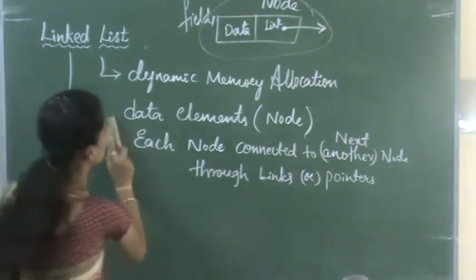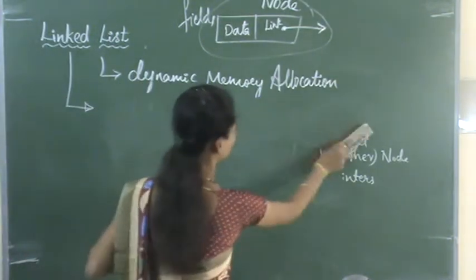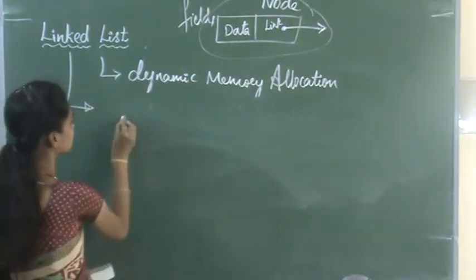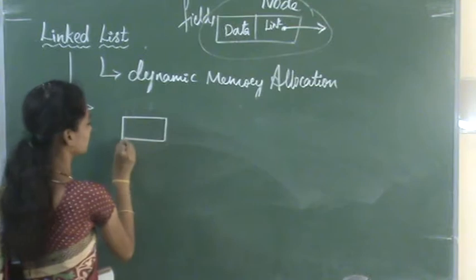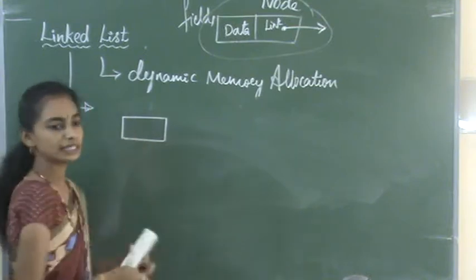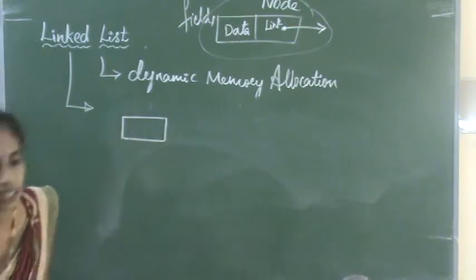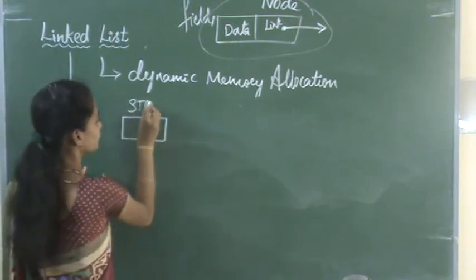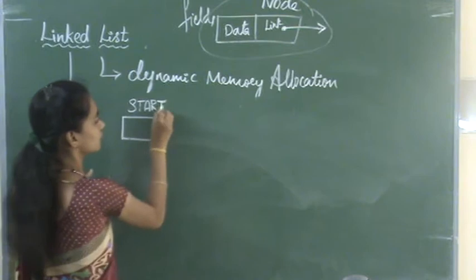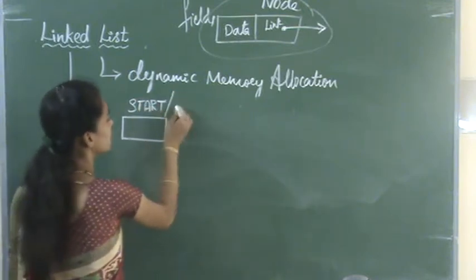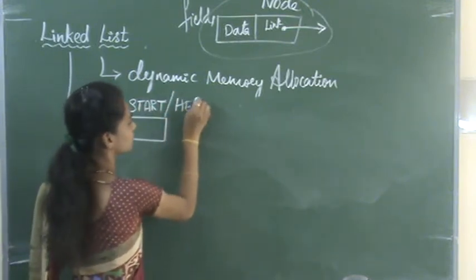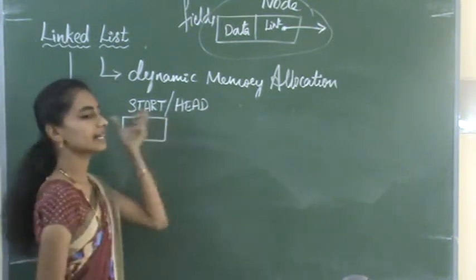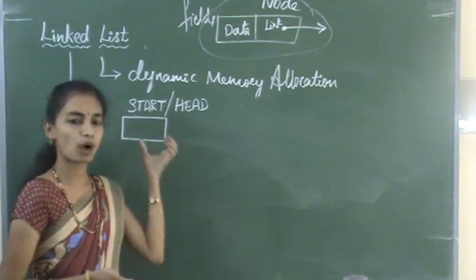Suppose, consider, in linked list we represent one node called the start node, or we can call it head. Okay, this head or start is a pointer.